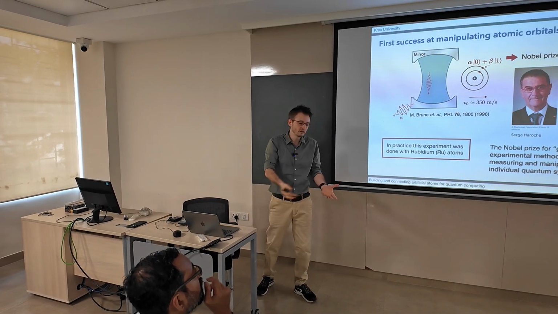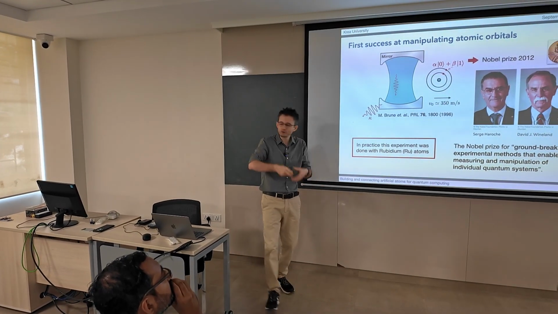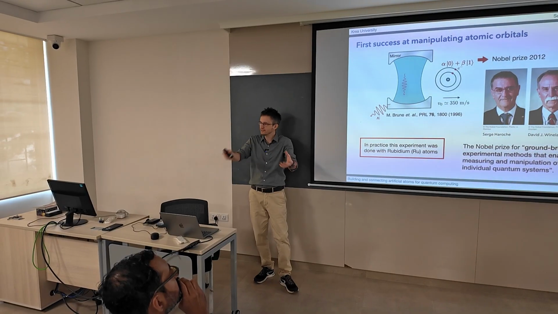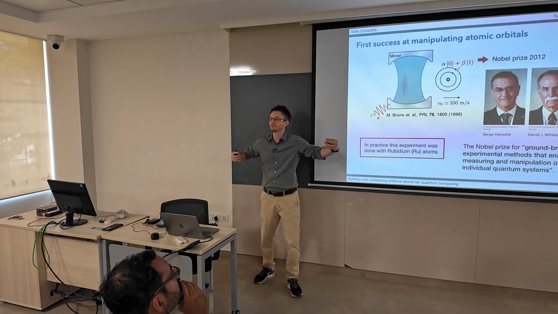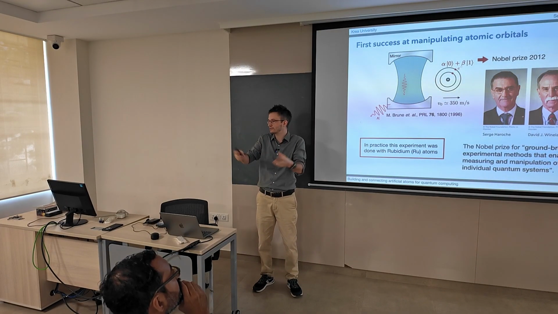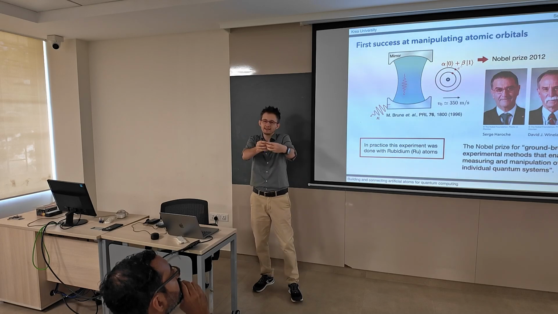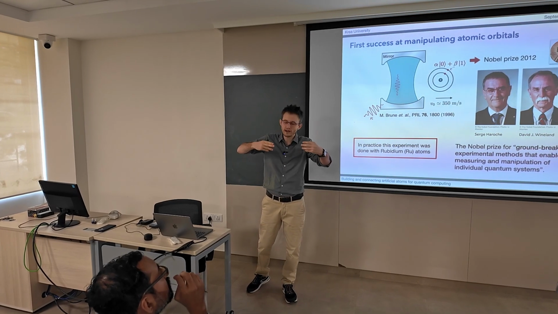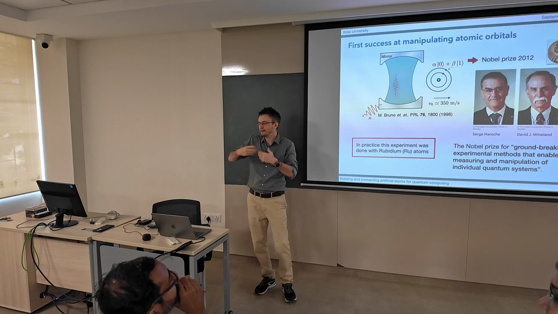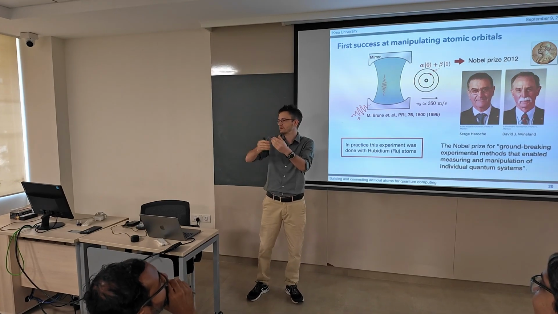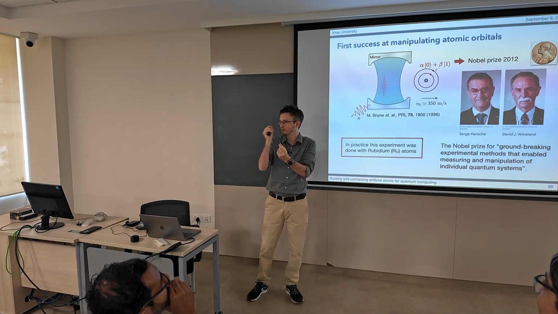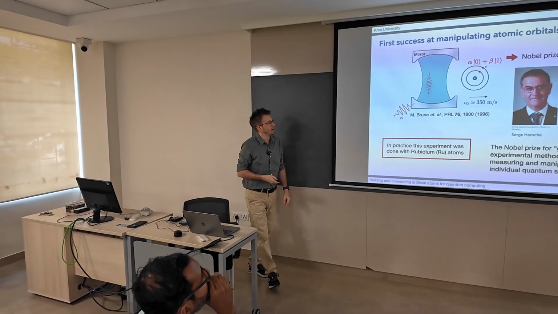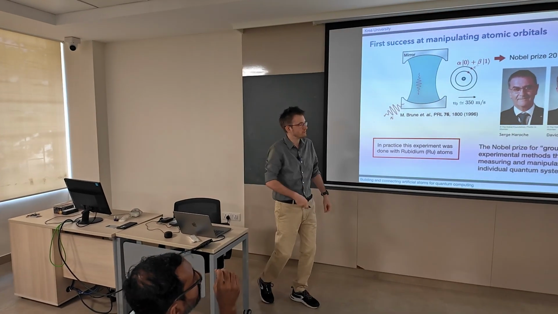So you can ionize a lot of rubidium atoms, and then they have to collimate them. You basically get a gas of atoms moving in every direction, and they have techniques to collimate them into a single stream of atoms. Then they can adjust parameters in the experiment to get one atom at a time. So this was done with rubidium atoms.